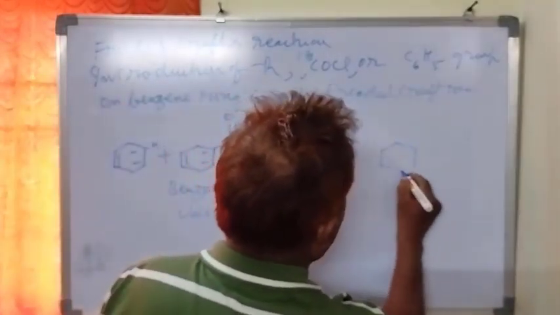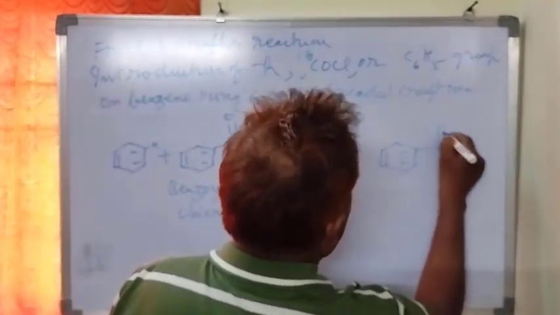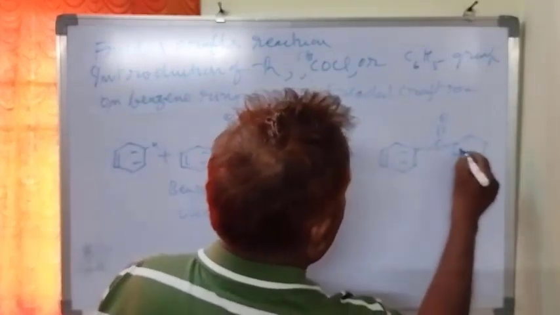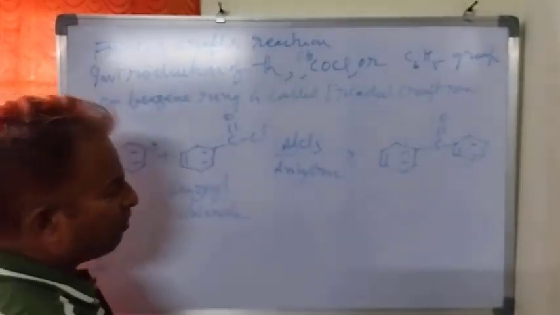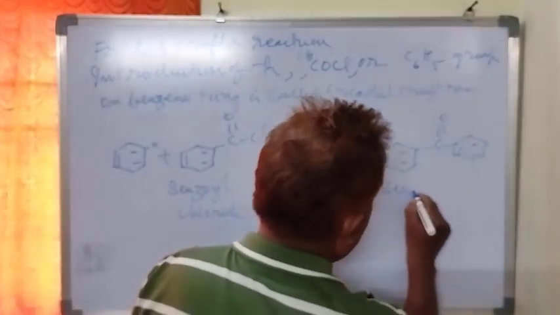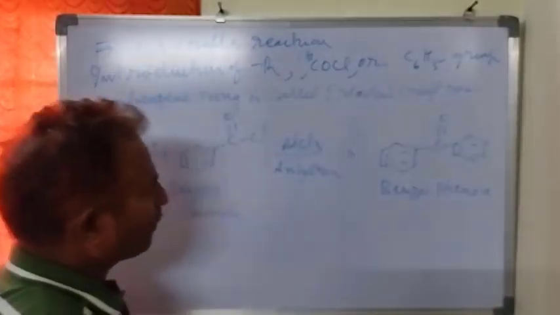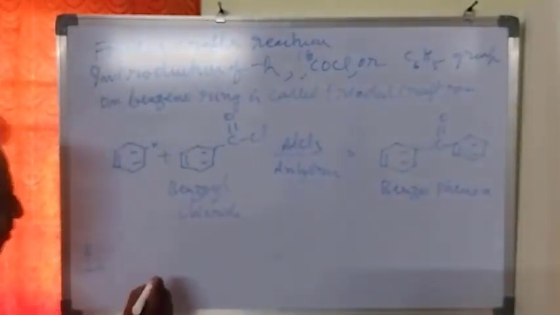Therefore we get, what is this substance? Benzophenone. Previously, in the second one, after acylation we got this substance.